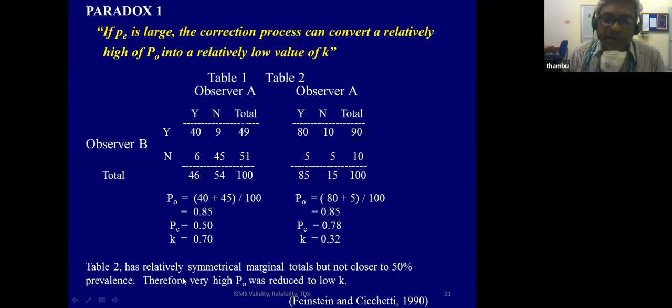Therefore, the expected chance agreement has reduced the kappa. So here, if the expected agreement is large, the correction process can convert a relatively high observed agreement into a relatively low value for kappa. So here we have to do some correction for this particular problem.